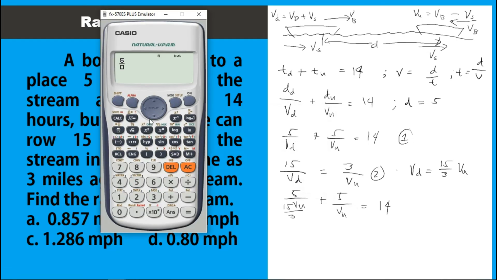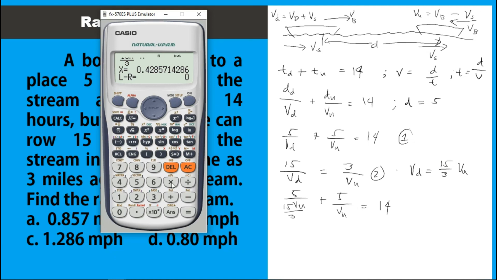Using the calculator, x is 0.42857. So v sub u is 0.42857.